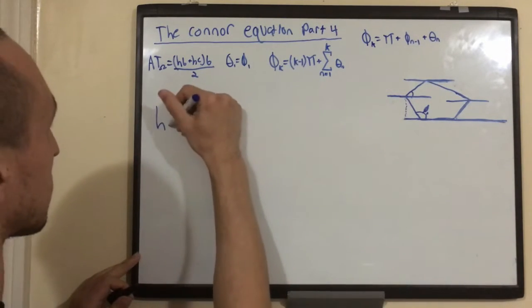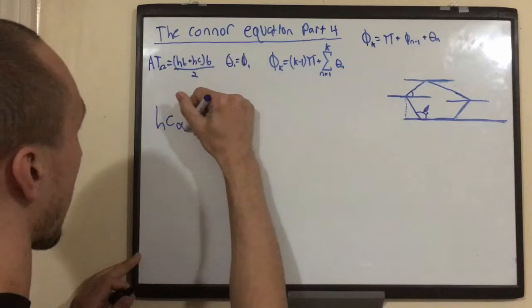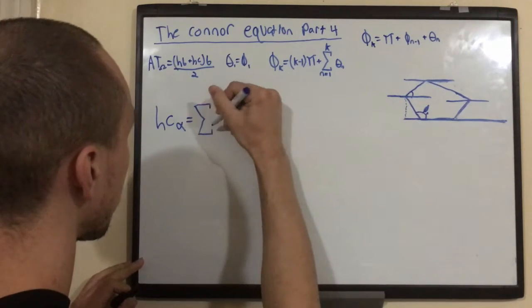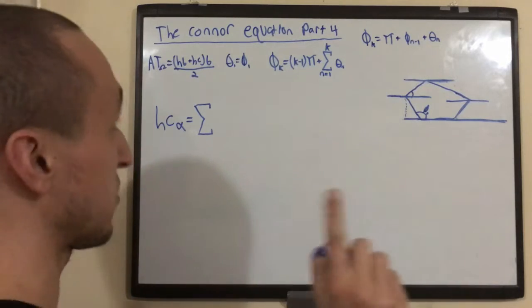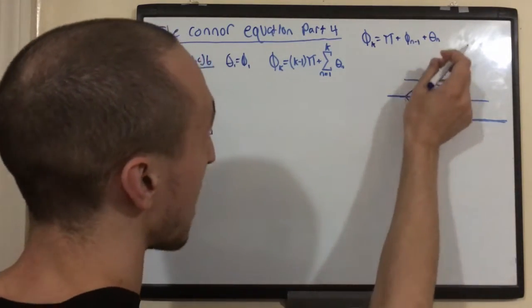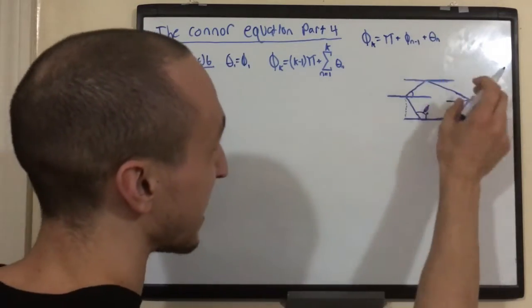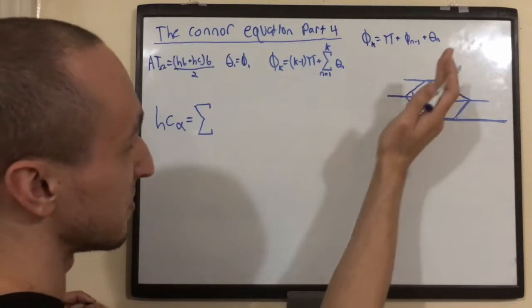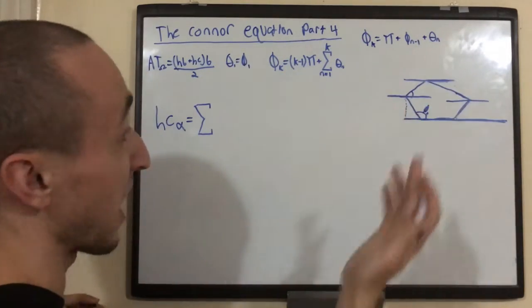So, HC alpha. We're going to use summation notation, because we are adding up the positive and negative heights to orient ourselves height-wise.